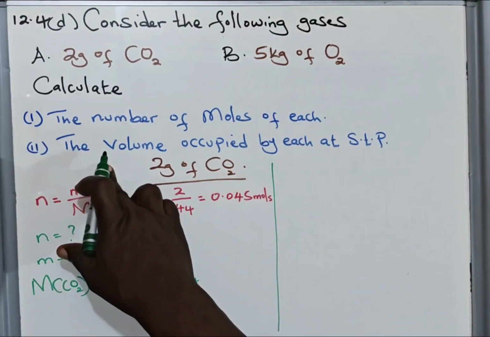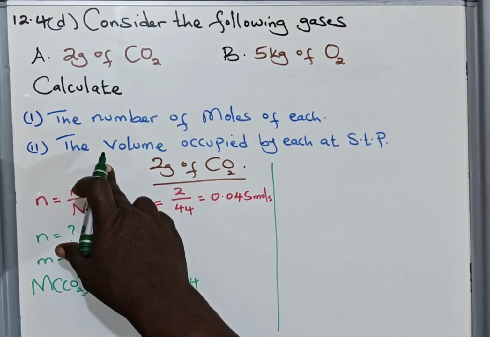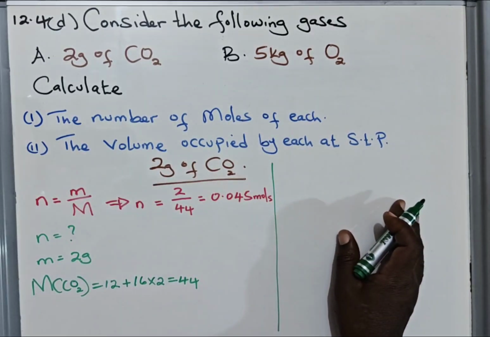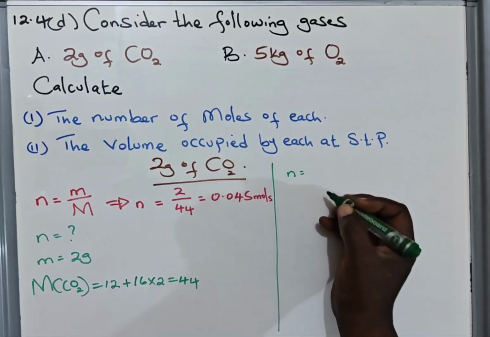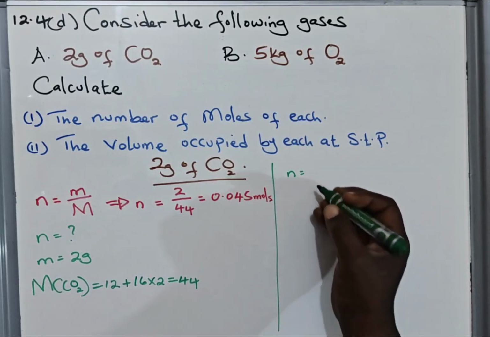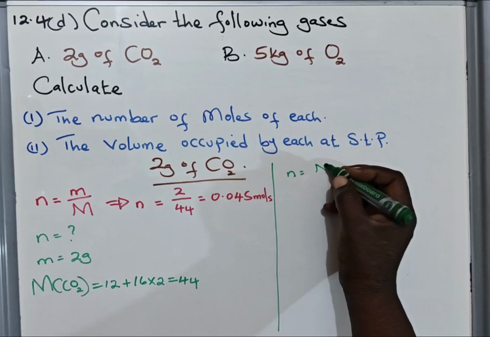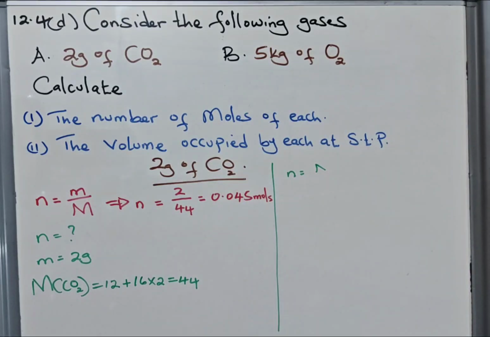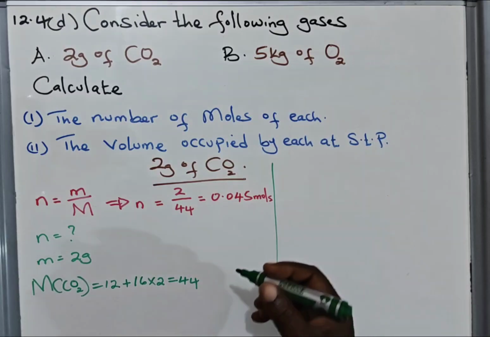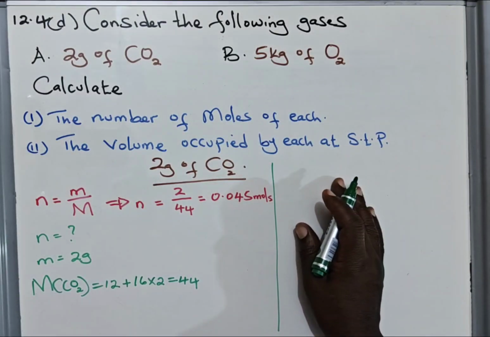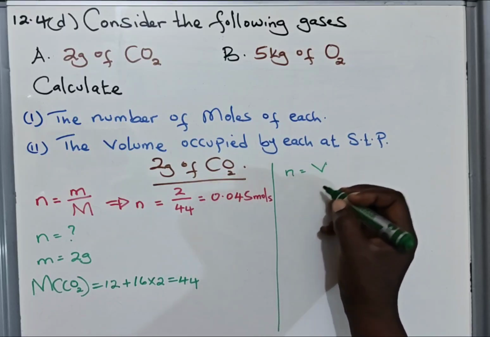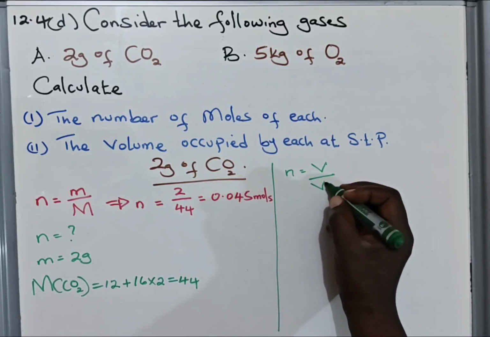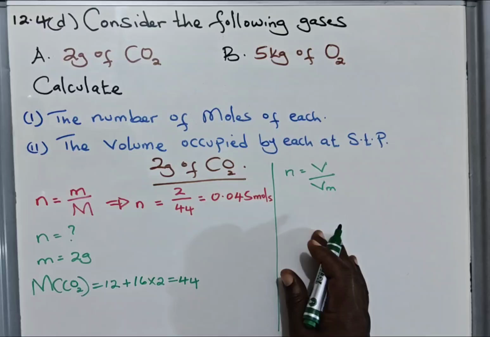What do we do next? We go to question number 2, the volume occupied by the gas at STP. That volume was established by Avogadro. It says that number of moles equals volume over molar volume at that very temperature.